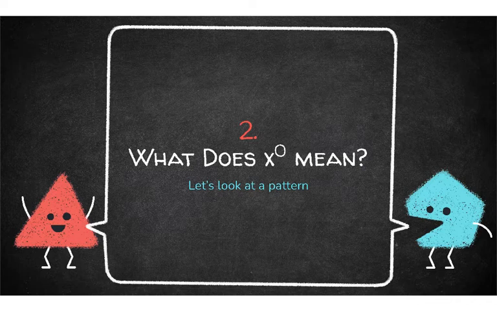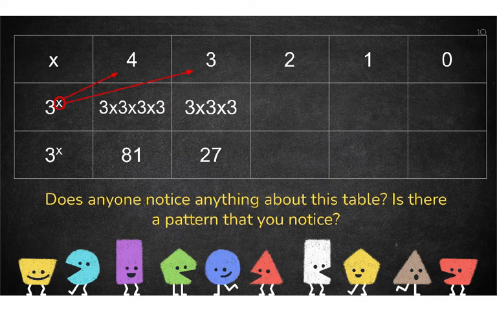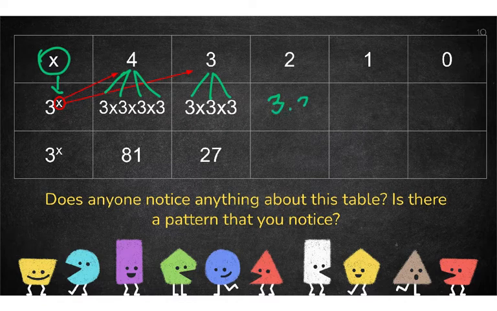Well, this is where I ask students to look at a table. So in the table, we were asked to look for a pattern in what we noticed. So this x represented the exponent, which represented how many times did you see 3 being multiplied? How many times? I saw it being multiplied 3 times. So if you were to extend this, students were asked to extend it, and note that I would have then written 3 times 3, and then I would have written 3, and then all of a sudden we get to 0, and this should be 3 to the power of 0.